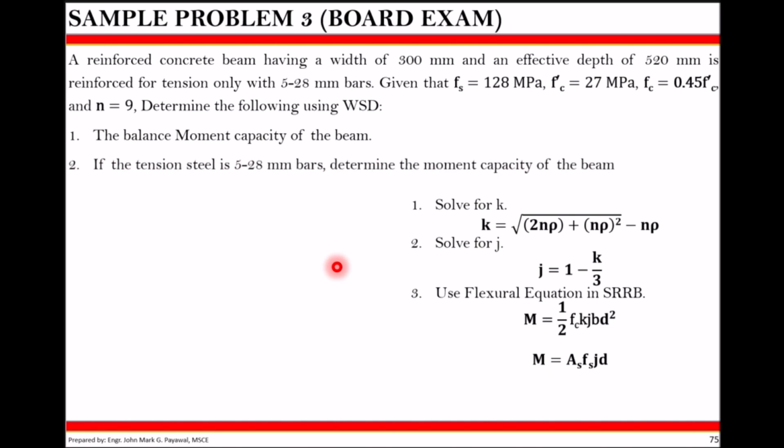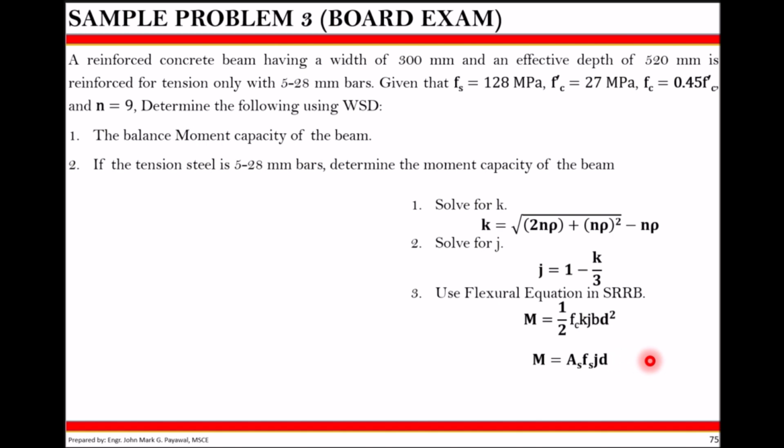For number 2, if the tension steel is 5 28 millimeter bars, determine the moment capacity of the beam. So the solution would be to solve for K, for J, and then use the flexural equation in SRRB, either under concrete or the other one coming from your steel.